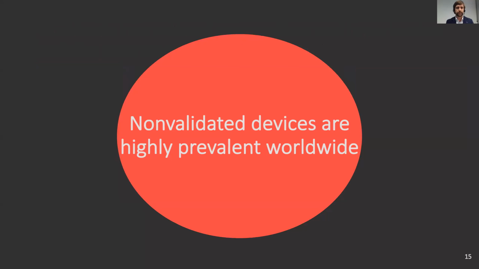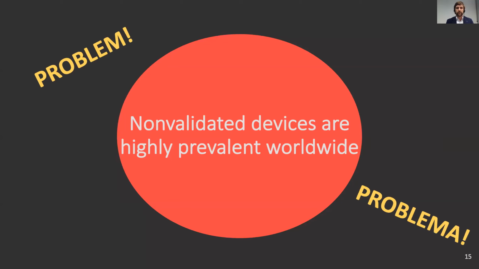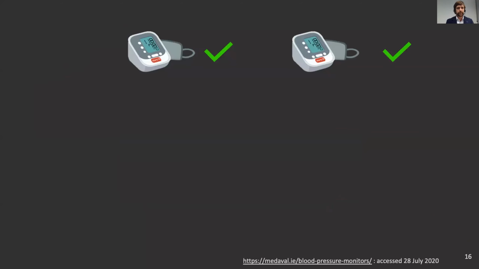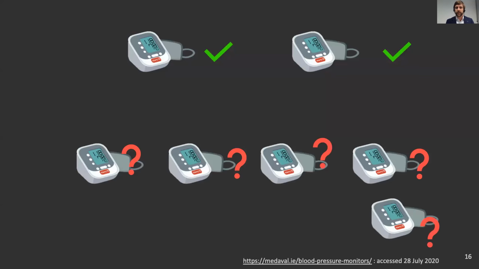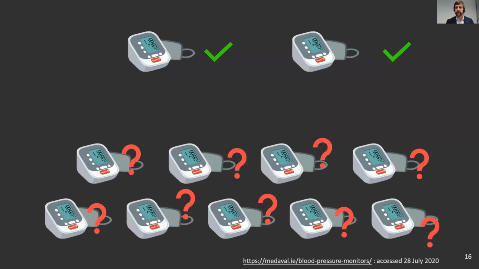Next slide, please. But a key issue is that non-validated devices are highly prevalent worldwide, and this is a major problem. Next slide, please. So if they're using data from Medival, which has one of the largest repositories of blood pressure monitors, both validated and non-validated worldwide, so a record of all these devices.